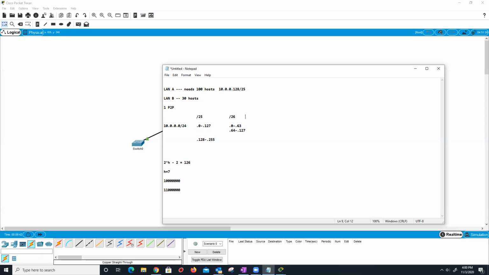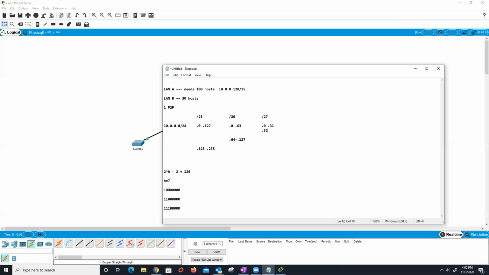So we just subnet the subnet again, /27. I would leave the 64 alone and just take the lower one here. Since it's a /27, the variable is now 32. So it's .0 to .31 and .32 to .63.